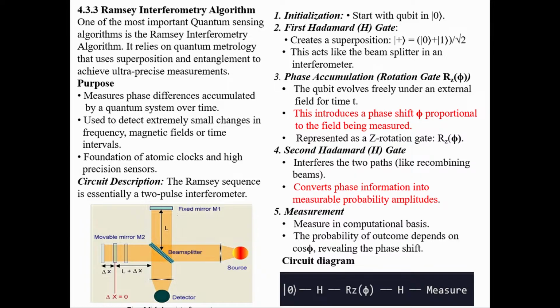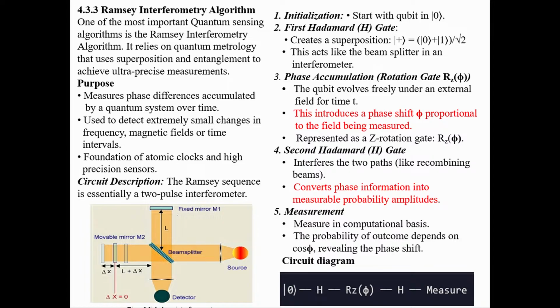By moving it over a length in a particular time interval, it gives a path difference that is converted into a phase difference, and you have an interference pattern. Similarly, you have a beam splitter here, and with phase accumulation over a period of time, it measures the phase shift in a particular interval.